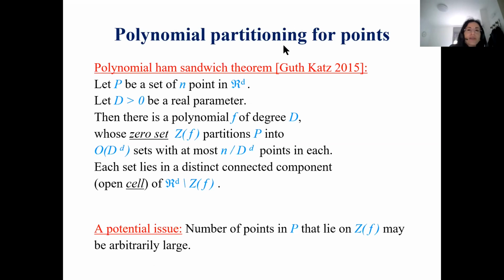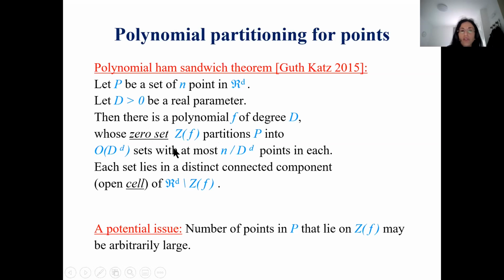Okay, so this is a theorem by Guth and Katz, and they showed that for a set P of n points in R^d and a real parameter capital D, which is the degree of the polynomial, there exists a polynomial f of degree D whose zero set Z(f), these are all points in space such that the value of the polynomial is 0.